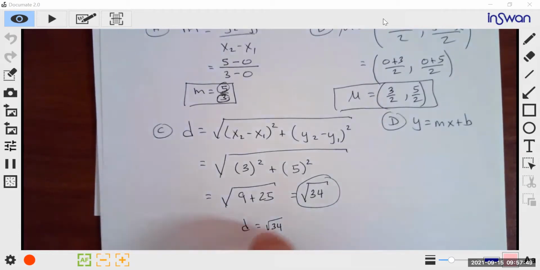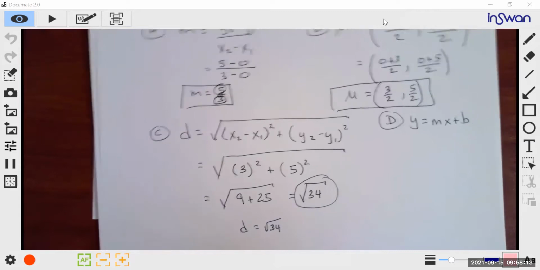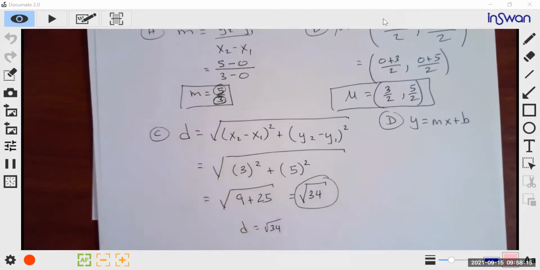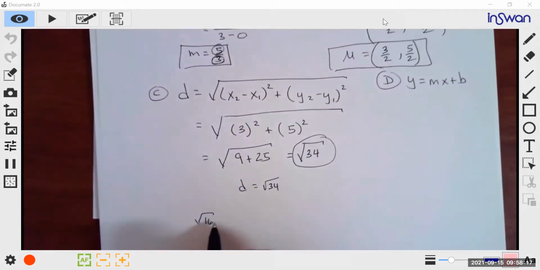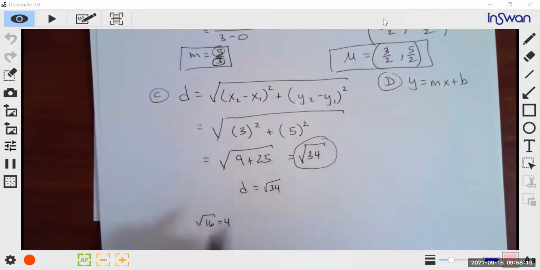Ballpark, using decimals, how far is that? Without using a calculator, we'll just use a ballpark. Square root of 34. Well, we know the square root of 16 is what? That's 4. 34 is bigger than 16.